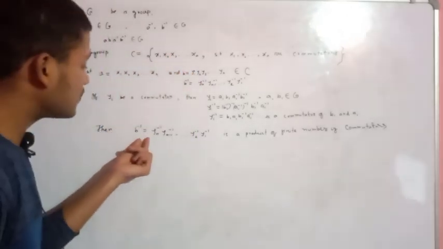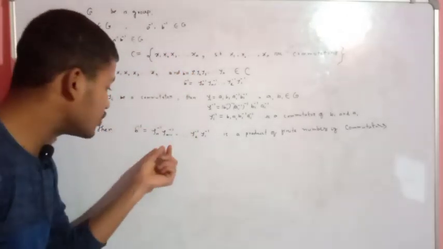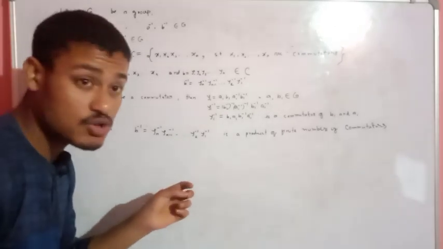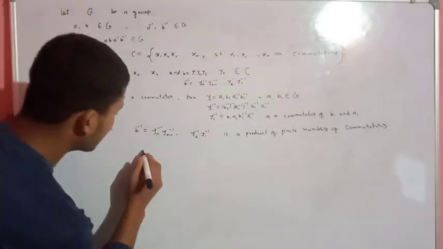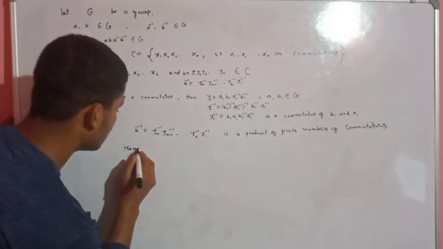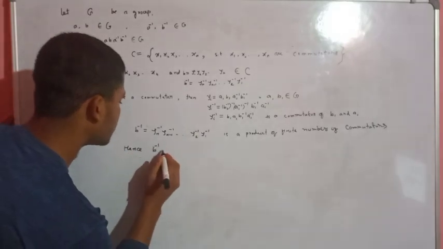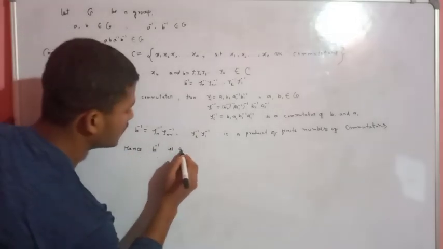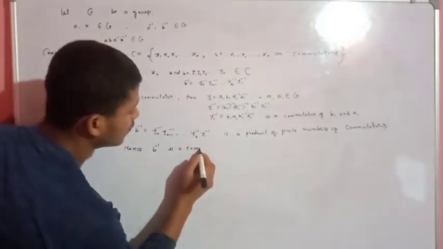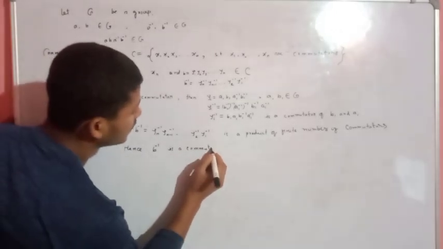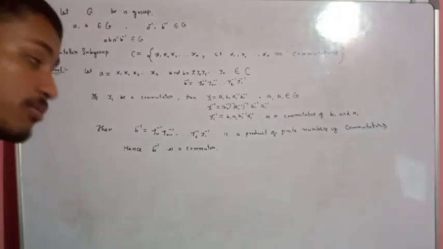So B inverse is also a commutator, because it is a product of finitely many commutators. Hence B inverse is a commutator. Have you got it?